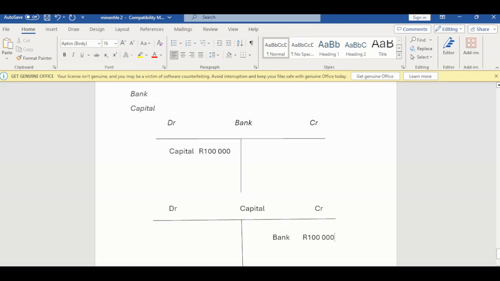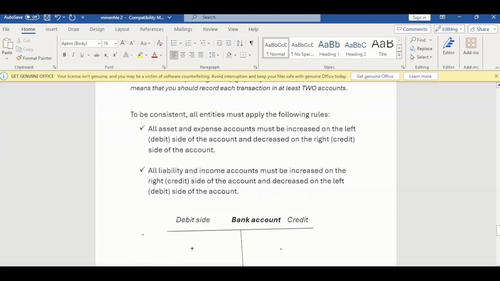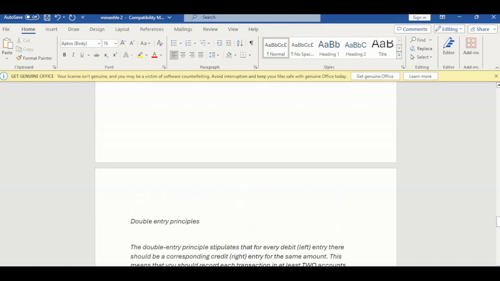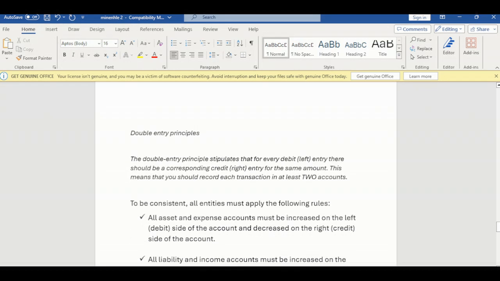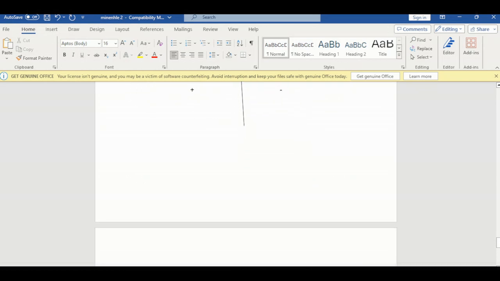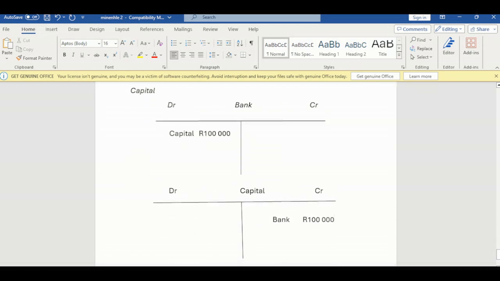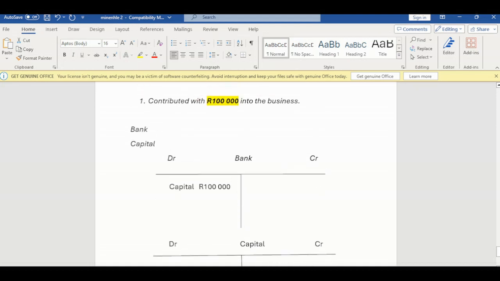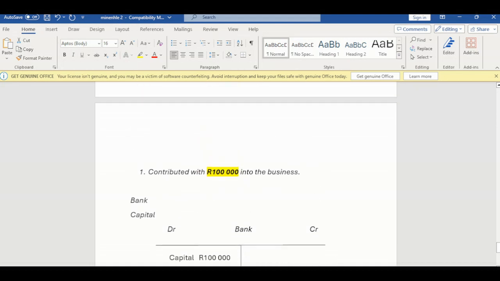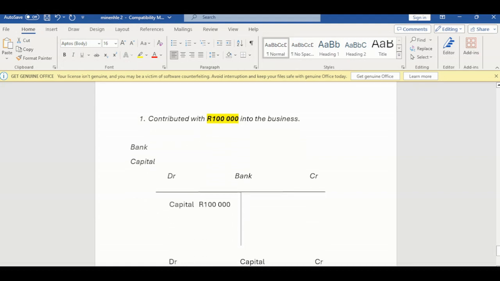Two accounts must be affected, and the double entry principle stipulates that for every debit entry there must be a corresponding credit entry for the same amount. So now we have applied that on the debit side, same amount, and also on the credit side, same amount, in two types of account. So with each and every transaction you do this, guys.